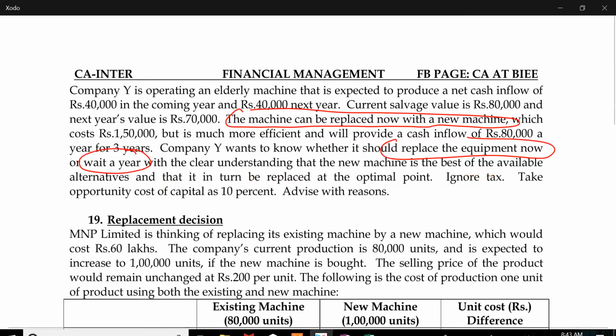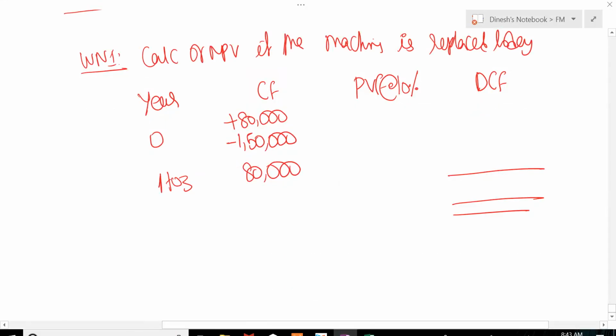What's the discount rate? 10%. $2,70,000.